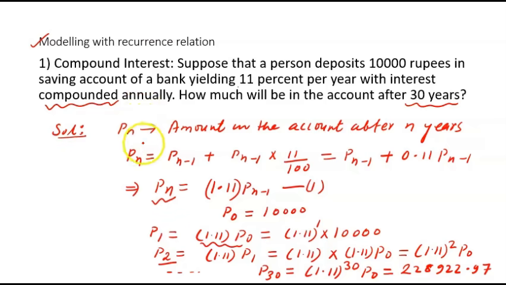So here I just use one term, that is Pn minus 1, to get what we are going to get at the end of the next month. So this kind of problem can be solved using a recurrence relation. We are going to take more problems on recurrence relation. So let's wait for that.